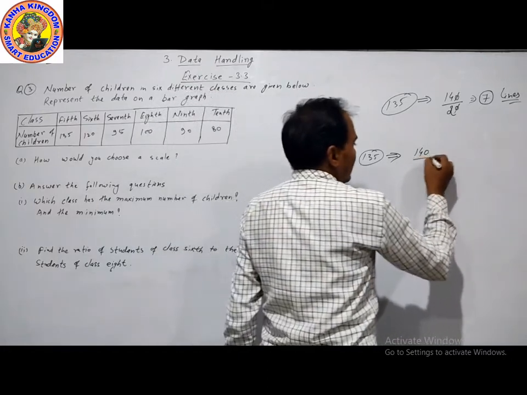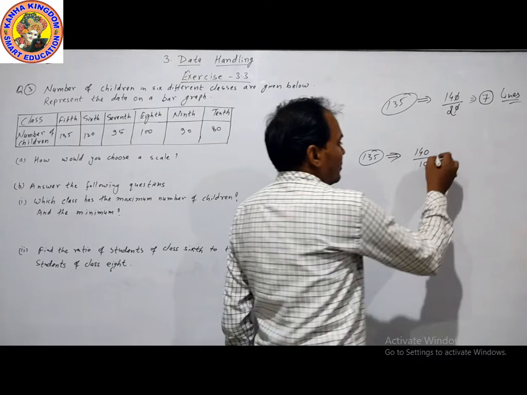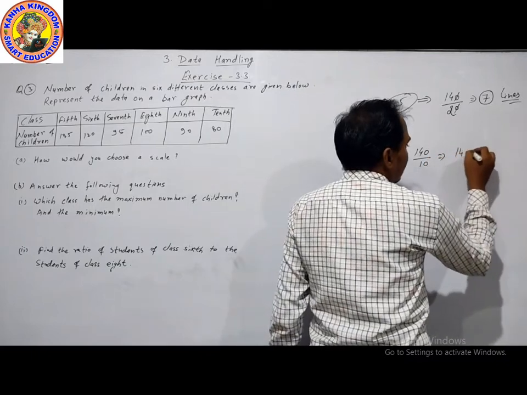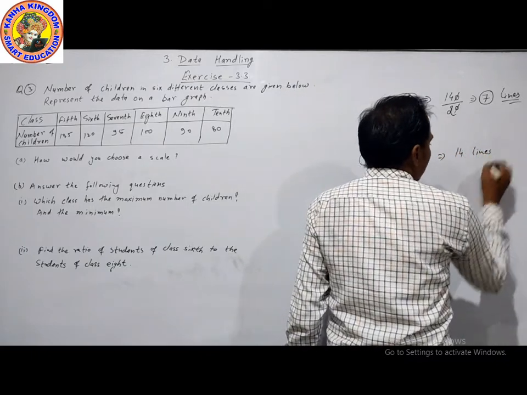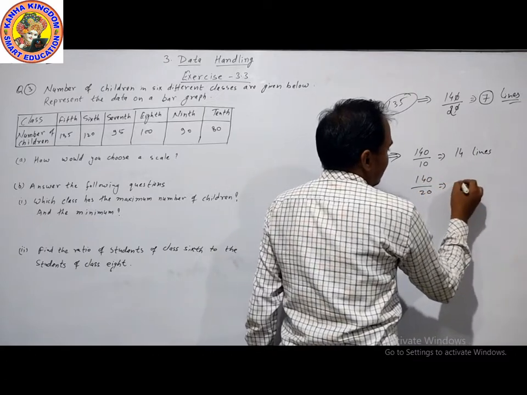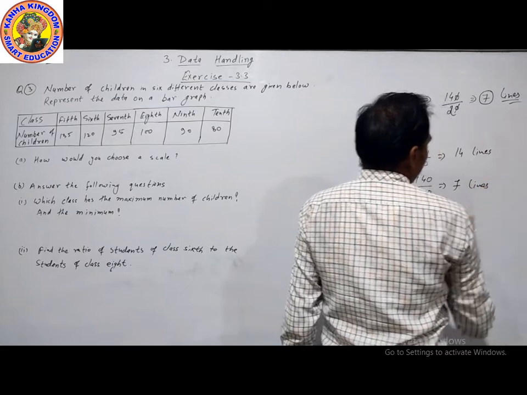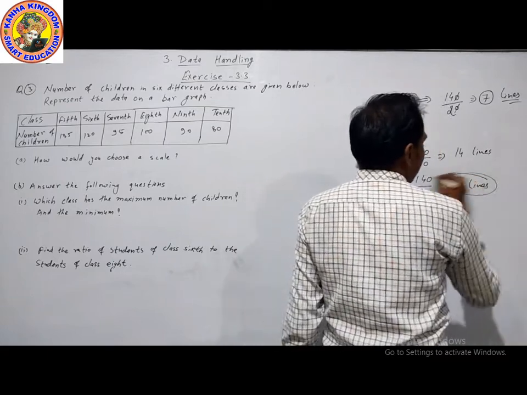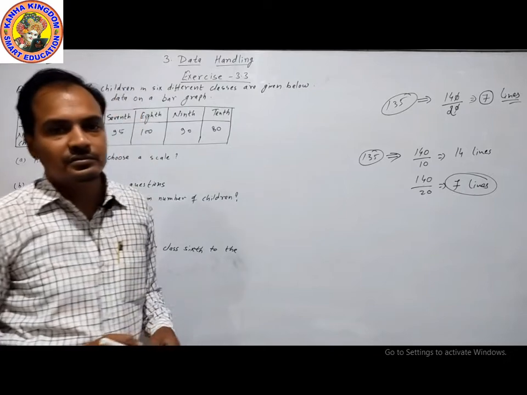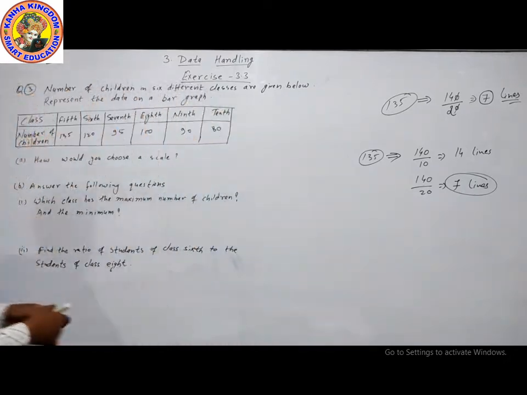If we take 10 students in each line, we need 14 lines. If we take 20 students in a line, we need only 7 lines. So in 7 lines we can draw a graph. So we will take a scale of 20 students.